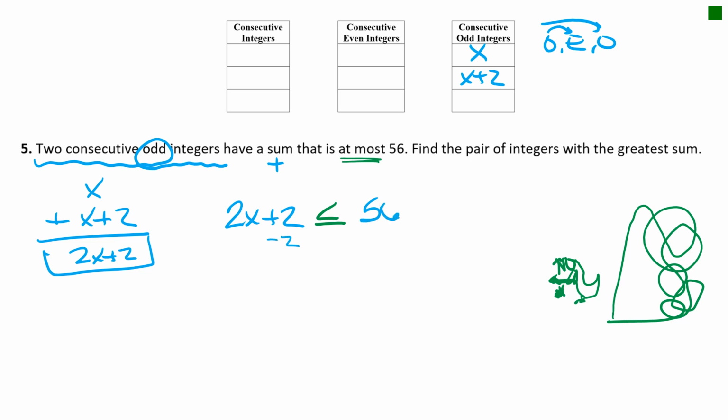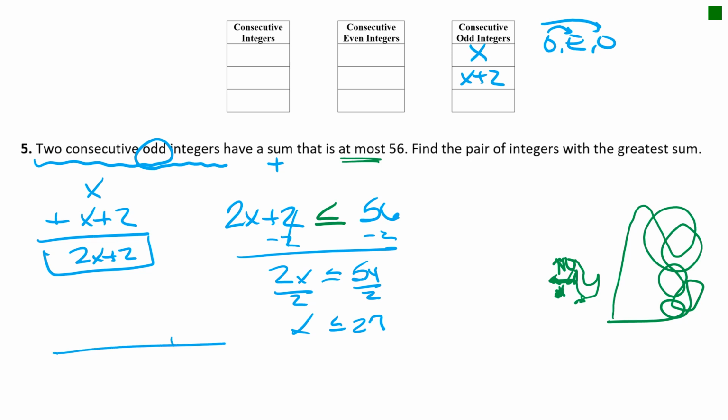Okay, we're going to subtract 2. So 2x is less than or equal to 54. We're going to divide by 2. x is less than or equal to 27. Now I didn't flip because I didn't divide by a negative 1. So if I'm looking at my number line, here's 27, here's 26, here's 25, here's 24.